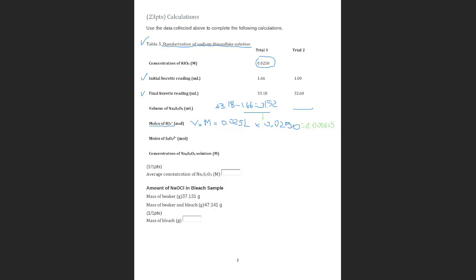So always calculate it by multiplying the volume in liters by the molarity of the solution you are looking for.